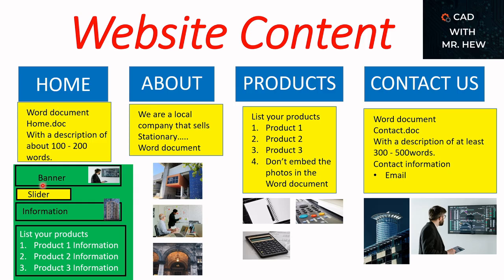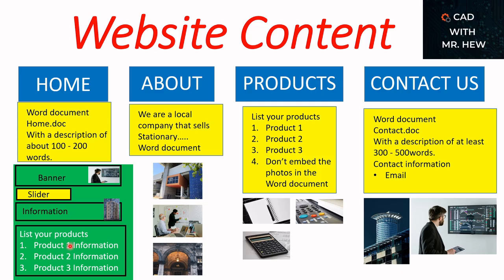So here's an example down here. We could have a banner at the top. This green box would represent our web page in the design phases, right? Before we actually use our HTML code to build the web page. We'd have a slider, and the information is in this yellow box, right? And here we could list our products on the home page if we choose to do so.